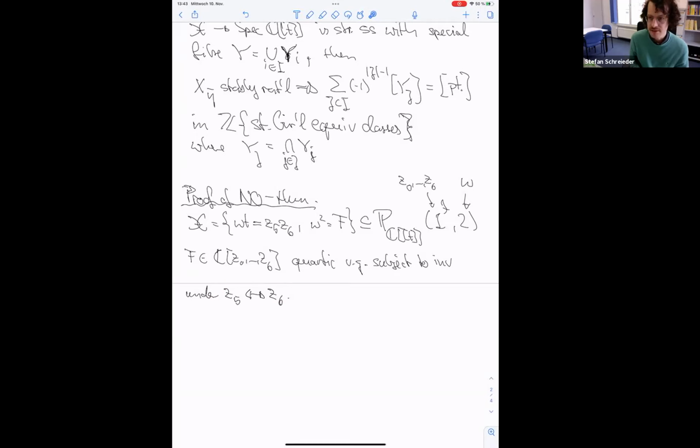Yes, so there are variants of this. So you can write several variants. I use this one, and then I explain what happens. So the special fiber, I always call the special fiber Y. What do we get? So T is 0. So we get Z5 times Z6, the product.